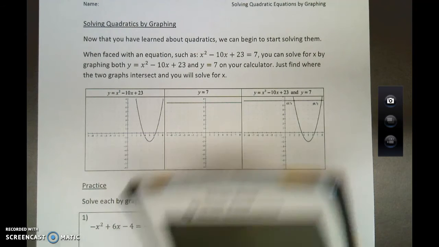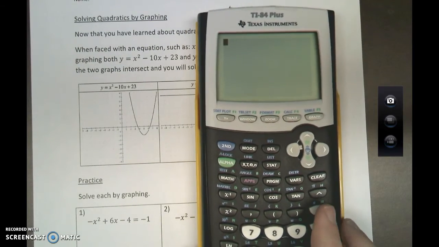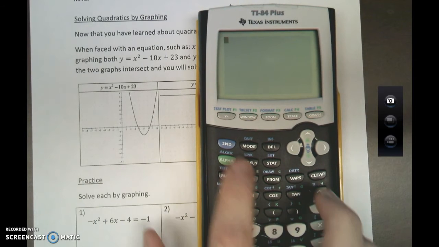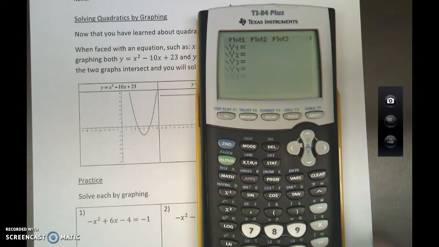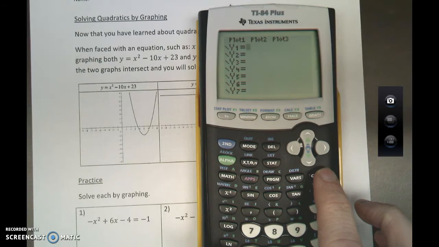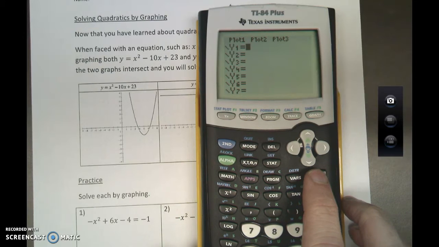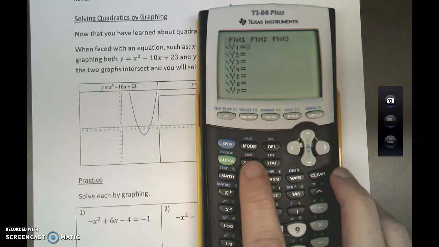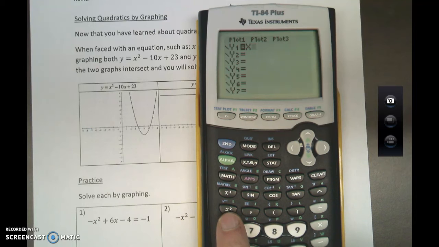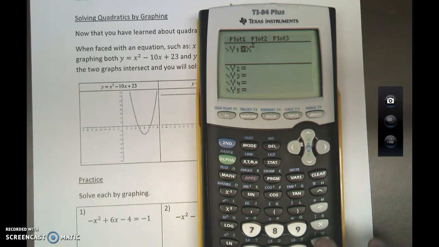So if you grab your calculator, you're going to hit y equals. Clear out anything that's in that screen if there's anything there. Since nothing is on my screen, I can proceed. I'm going to enter in my equation. So I have x squared, and the squared button is right next to the comma by the 7, minus 10x plus 23.